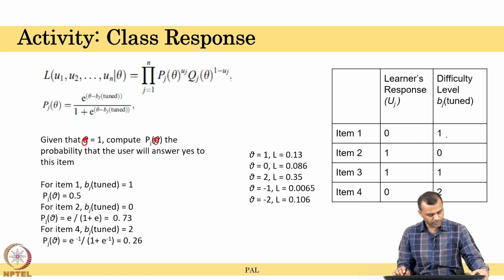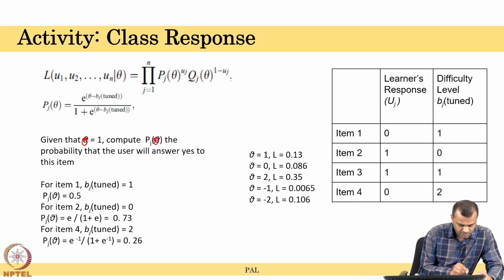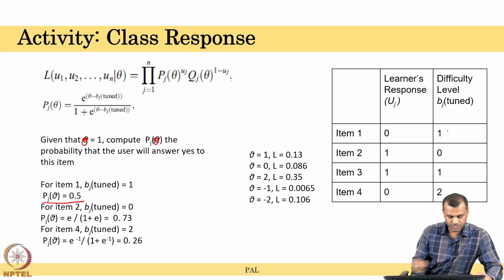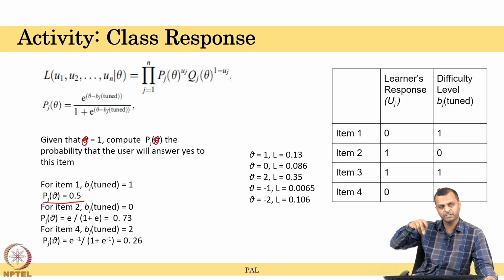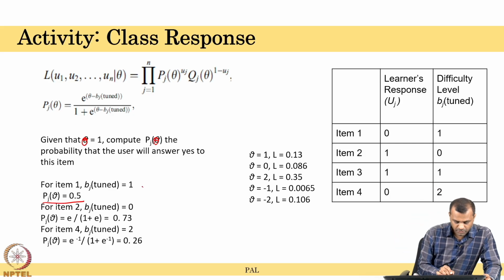So we first find P_j(theta): e to the power of (theta minus b), which is 1 minus 1, so e to the power 0, divided by 1 plus e to the power 0, which is 1 divided by 1 plus 1, so 1 by 2, which is 0.5.